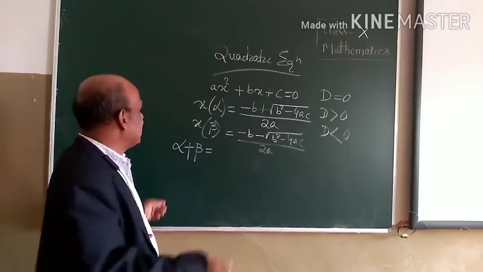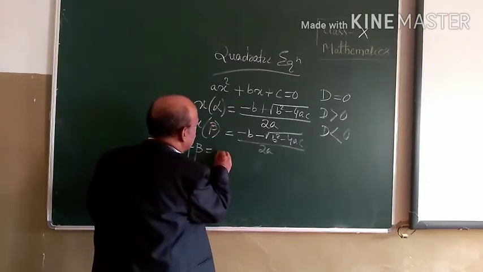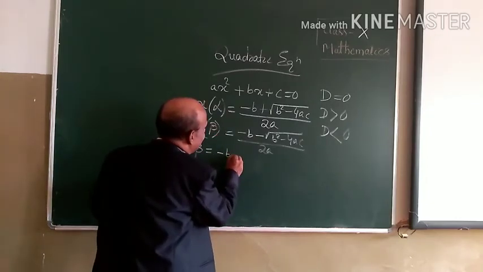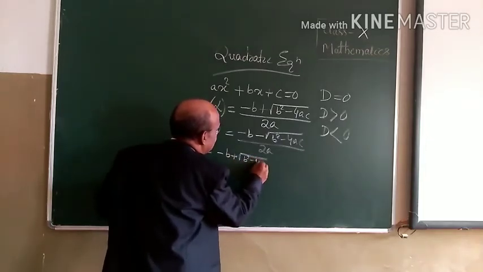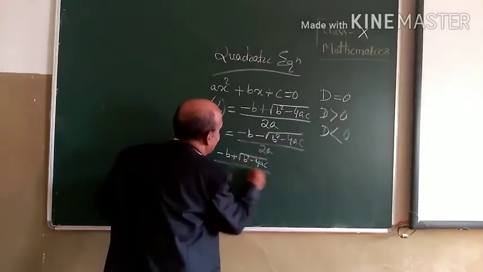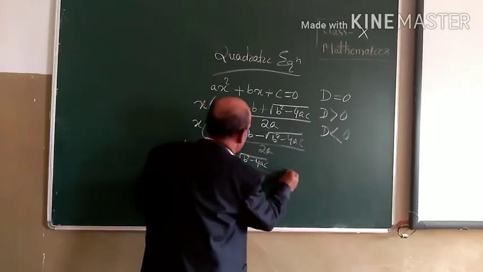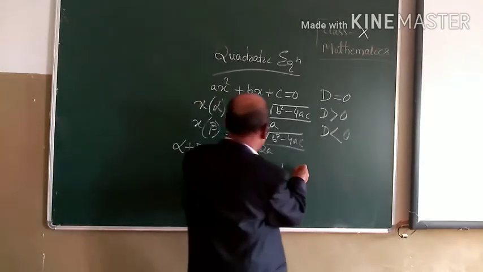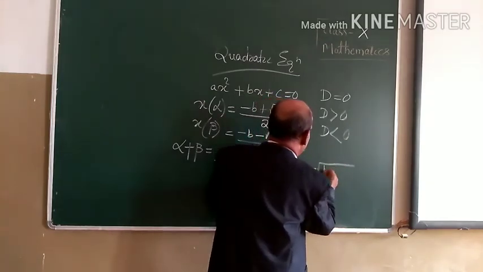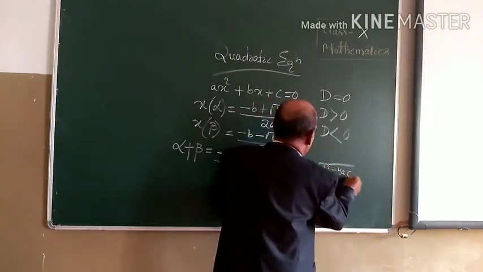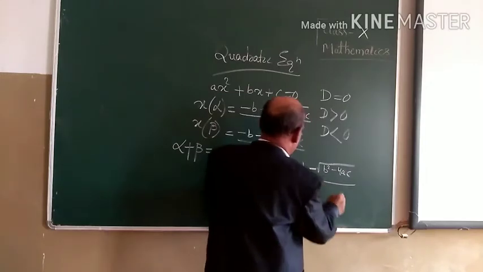Now put the values: minus b plus root of b square minus 4ac by 2a, plus minus b minus root of b square minus 4ac by 2a.